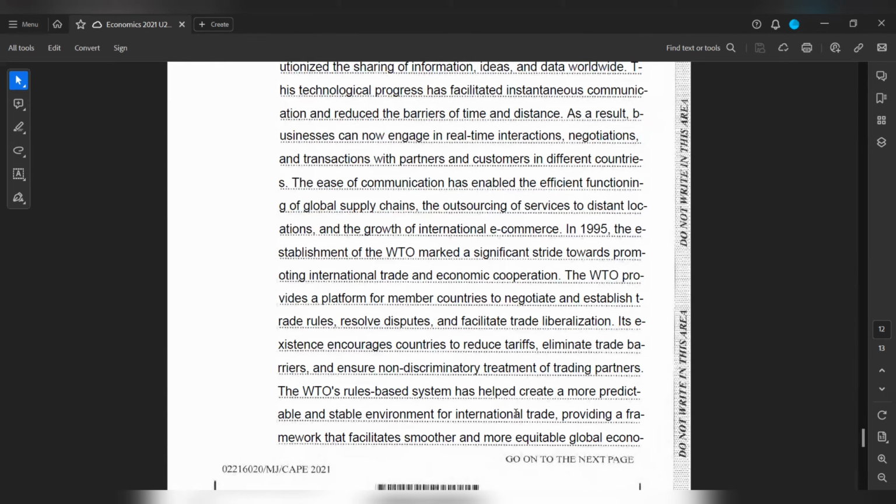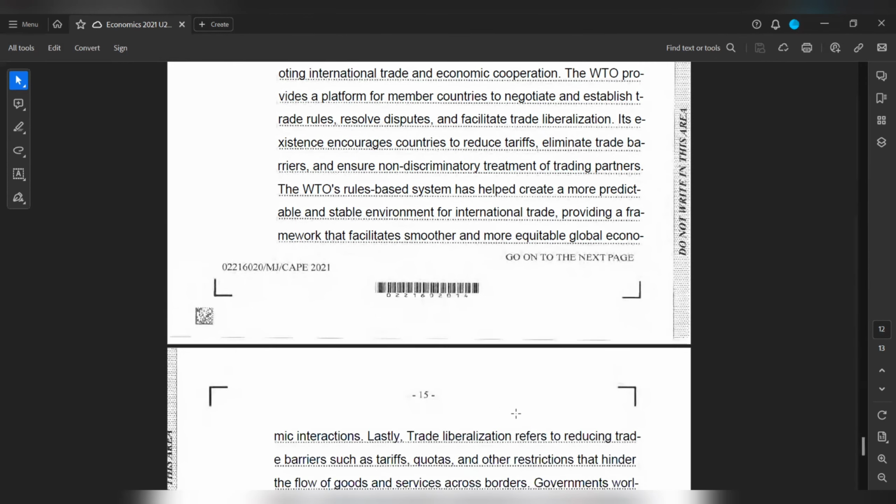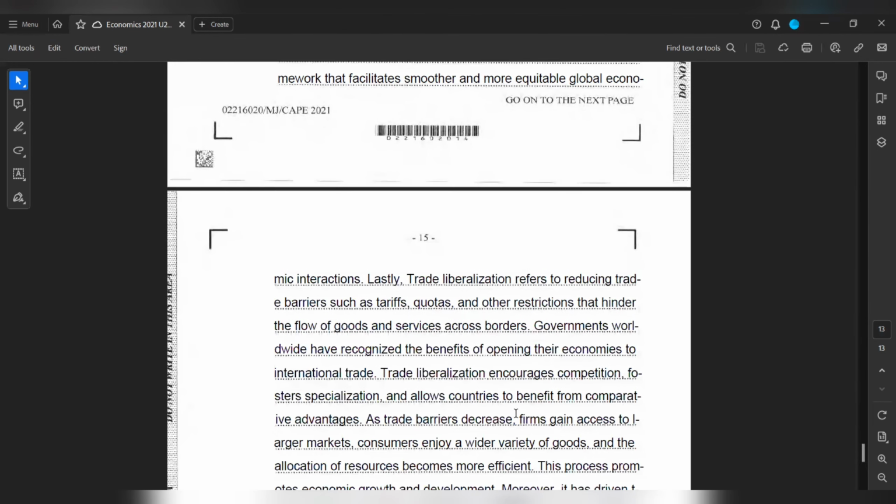Its existence encourages countries to reduce tariffs, eliminate trade barriers, and ensure non-discriminatory treatment of trading partners. The WTO's rules-based system has helped create a more predictable and stable environment for international trade, providing a framework that facilitates smoother and more equitable global economic interactions.